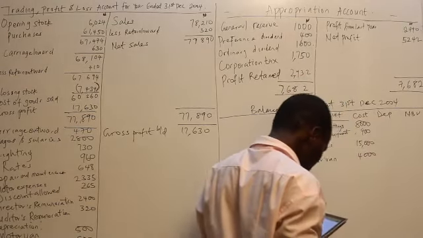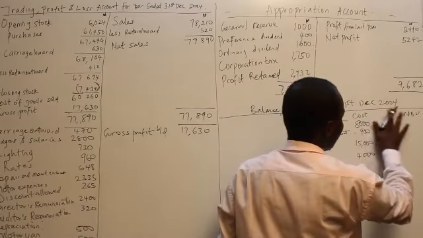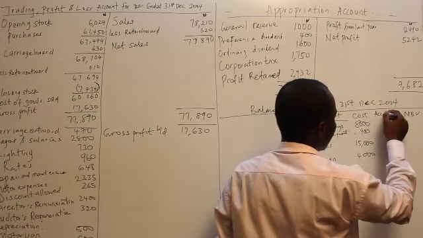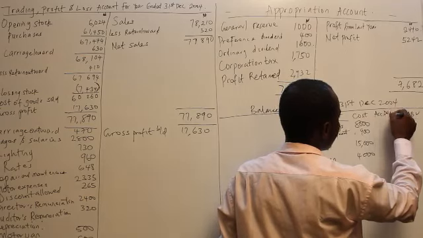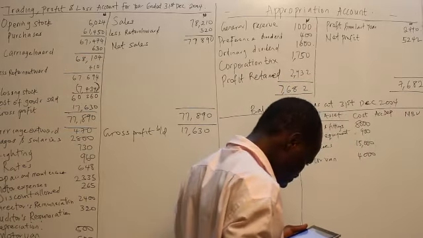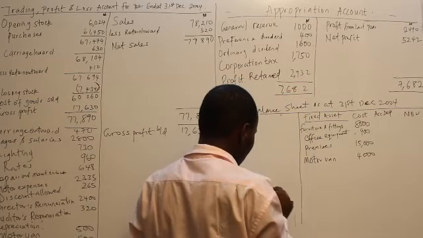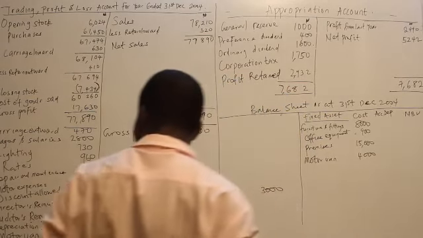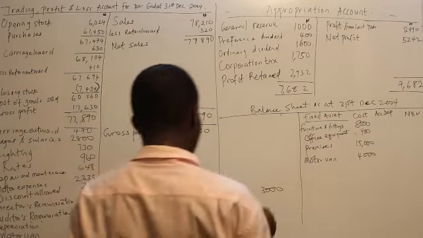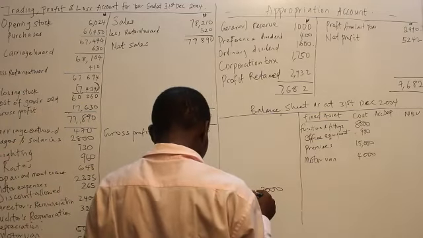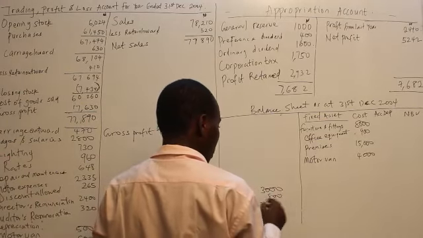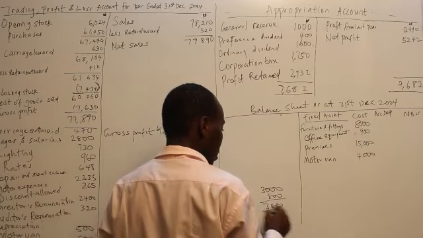So depreciation for the period, accumulated depreciation. We have 3,000 naira for furniture and fittings as the accumulated depreciation before, and the depreciation made now, 800 naira. That will be 3,800 naira.